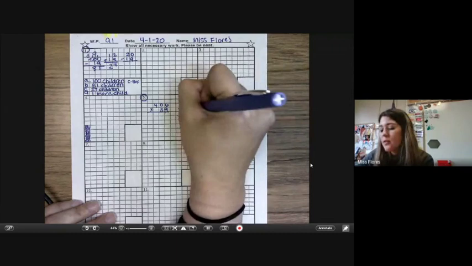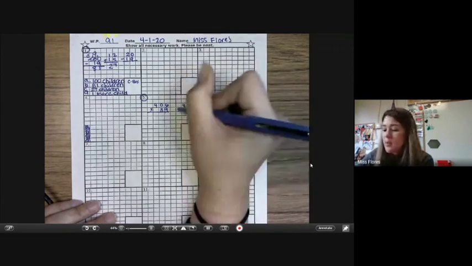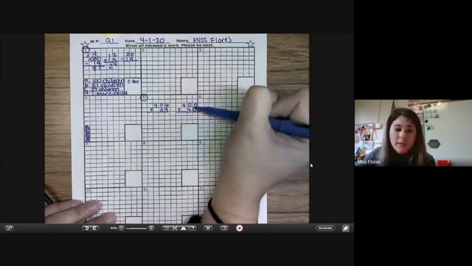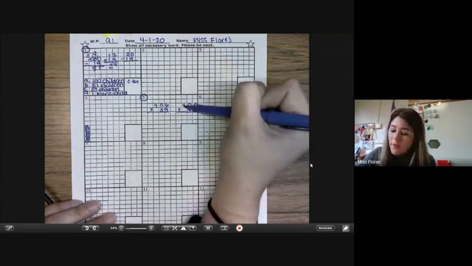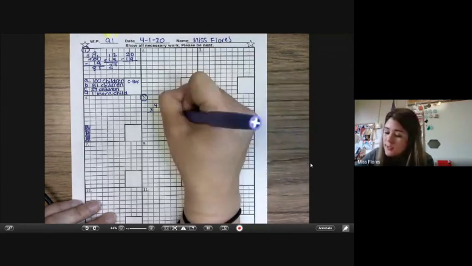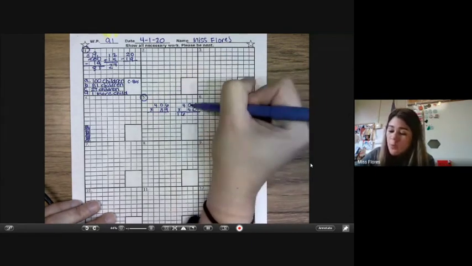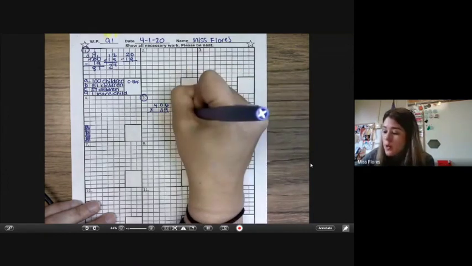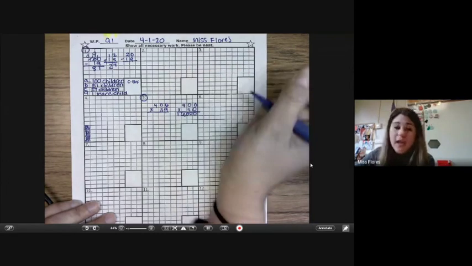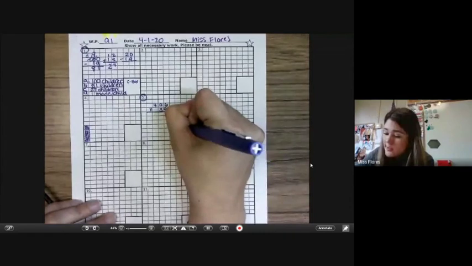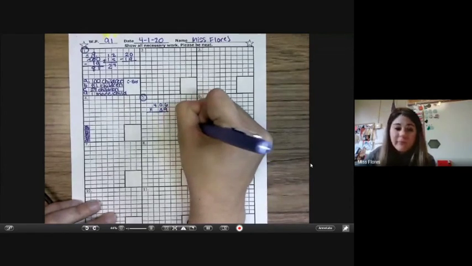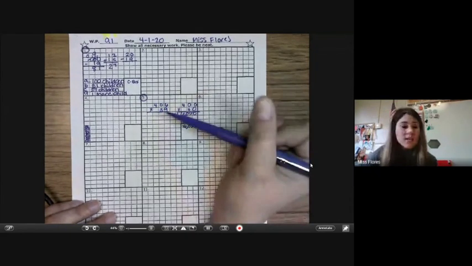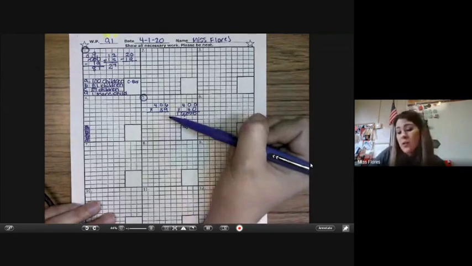So that turns into 40. So now we multiply. Now don't worry about the zeros, we'll add those later. So let's look at 4 times 4, which is 16. Then we add 1, 2, 3 zeros. So that answer, our first answer, is going to be 16,000.